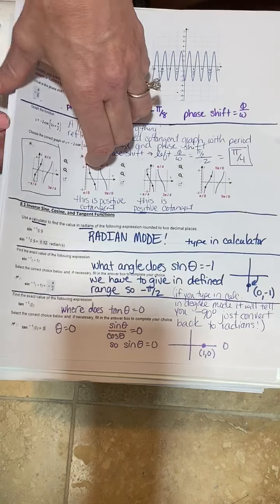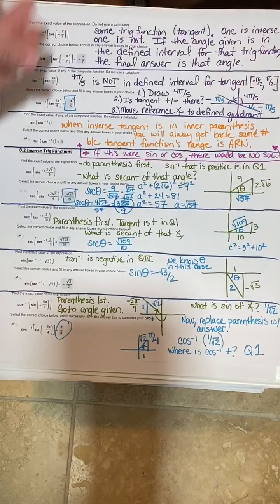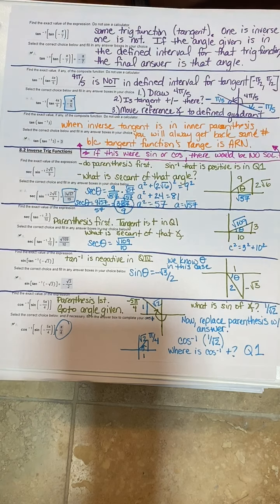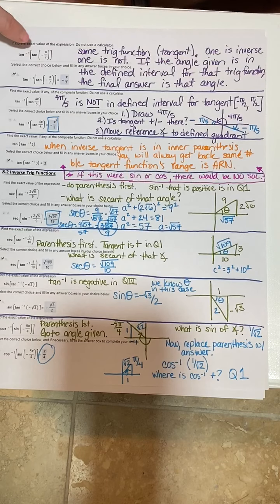Okay, just a few more. And then we move on to 8.2, the composites. Okay, here it gets a little busier. So here we're having one where at the beginning we have the inverse on the outside and the regular trig function on the inside. So if we have tangent of an angle and then an inverse on the outside, we have to look at this angle.